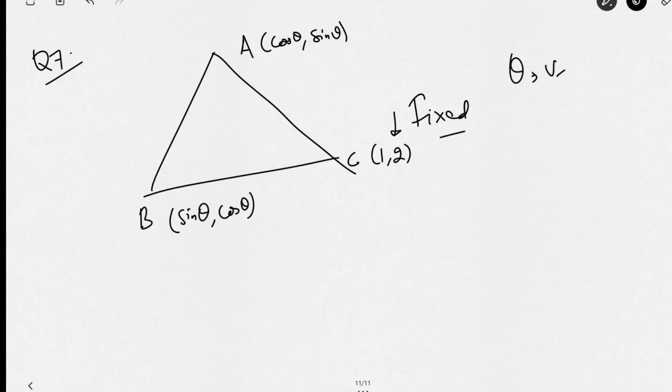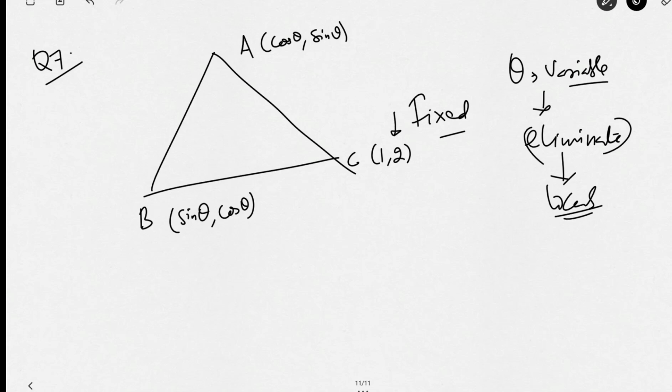And theta is variable that we have to eliminate, right, to get the locus. When we put different values of theta, this point will keep moving, right? A and B is not fixed. So obviously the centroid will also vary, correct? So centroid is obviously the average of all 3 points.